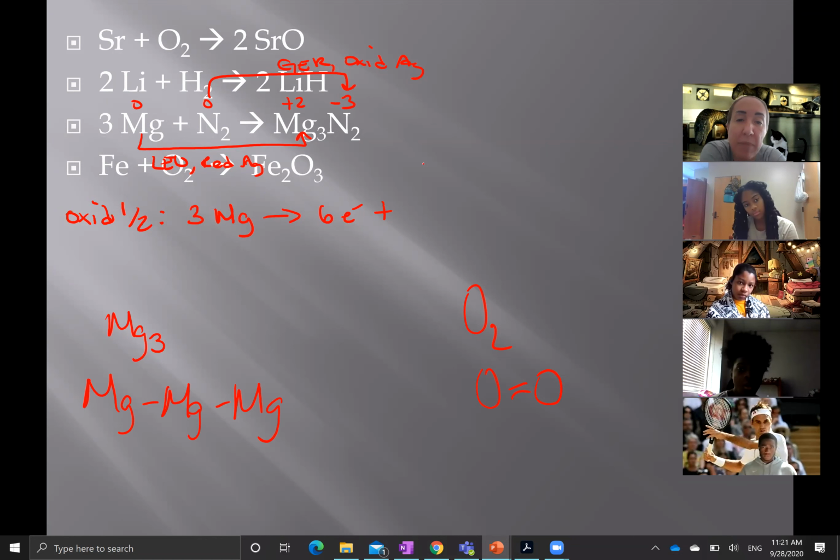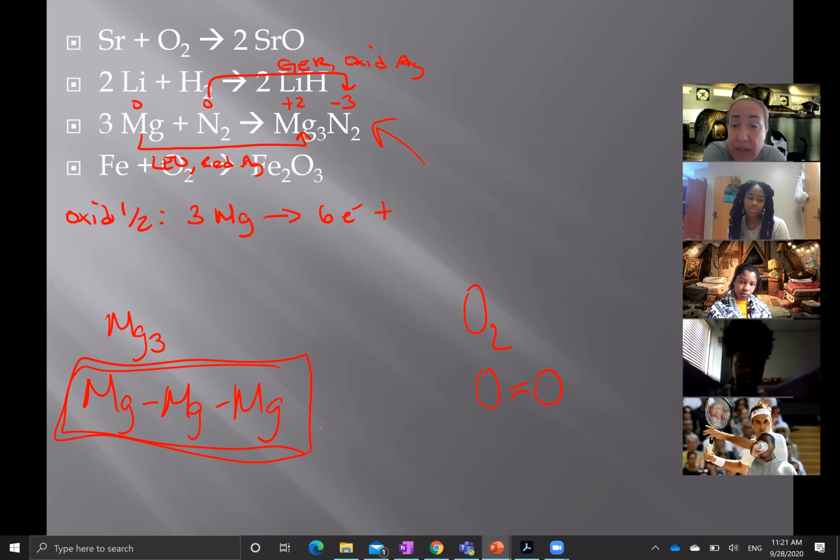Again, what type of compound is this? Ionic. Right. So you don't have this. This does not exist. If you write Mg3 with a subscript, you're saying that it's Mg connected to another Mg connected to another Mg. That is not what's happening here.